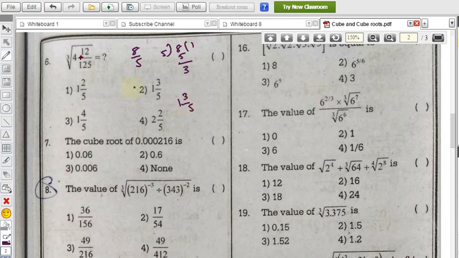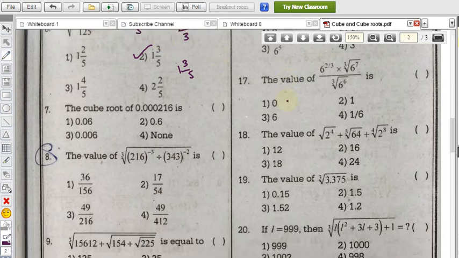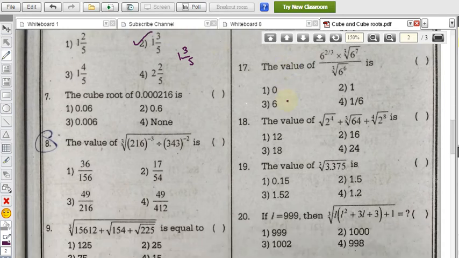Yeah, second one. Fine. Seventh one. The cube root of 0.000216. Yeah, this is simple because after the point exactly we have 6 digits. That means after 1, 6 zeros if we convert into fractions.